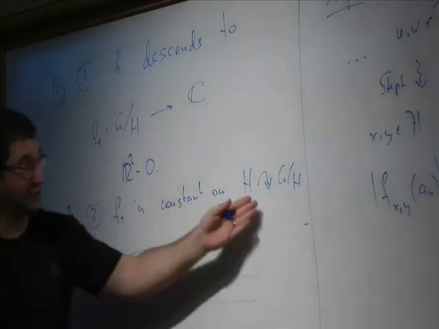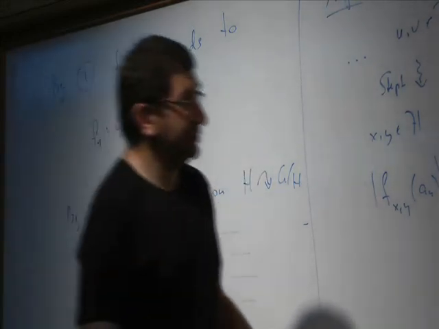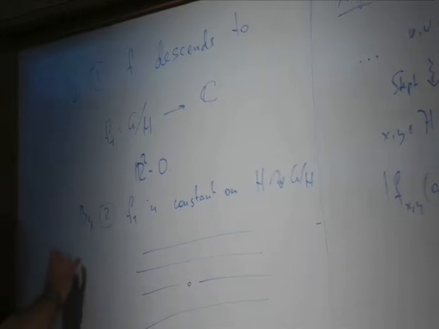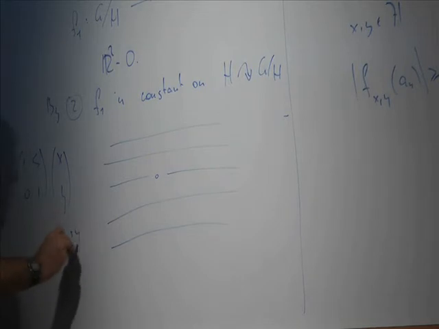Now H acts on G mod H. Well, you know in group theoretic terms, but you also know in this description, because what an element (1 s; 0 1) does to the vector (x, y) is what I'm about to write: (x plus sy, y).